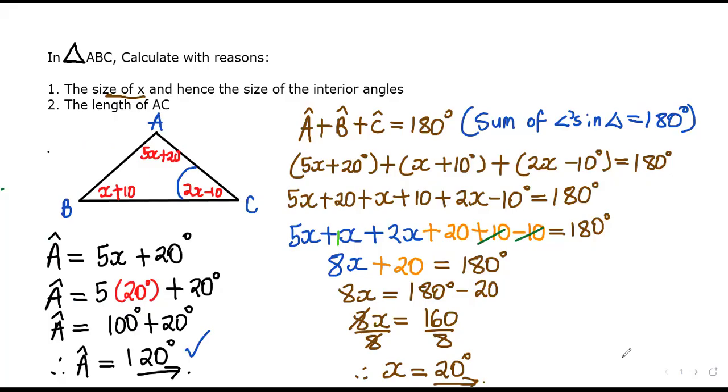So we are done calculating number 1, because they actually wanted us to calculate the size of angle x, of which we got it being 20 degrees. And then they actually say, hence, calculate the size of the interior angles. So we know that the interior angles are those angles that we just calculated right there. And then one thing that we need to understand, they're saying calculate the length of AC.